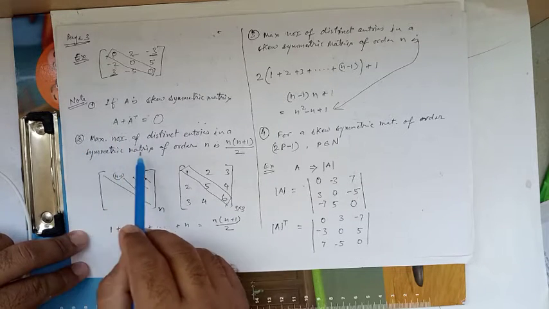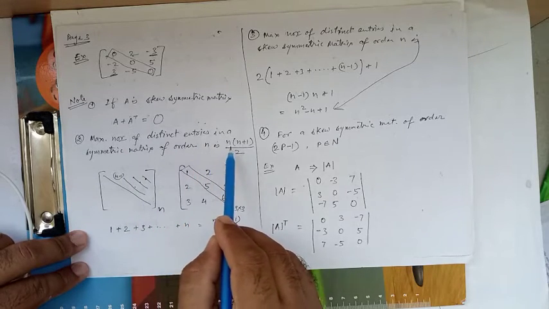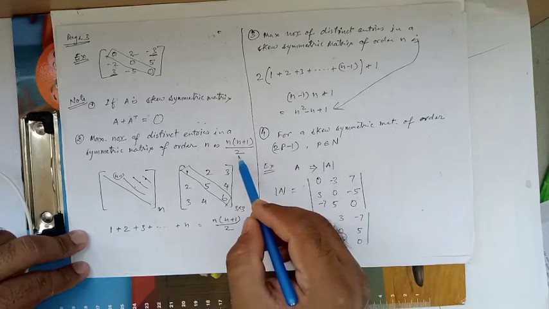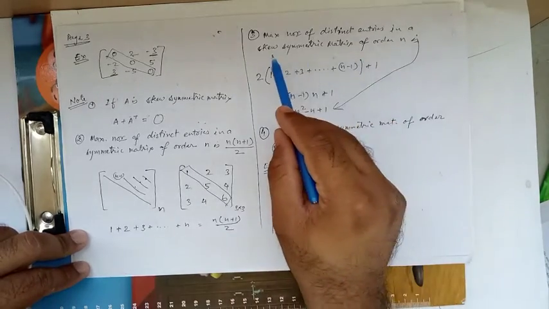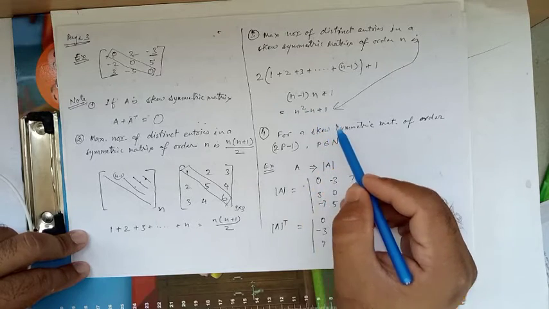Second point, the maximum number of distinct entries in a symmetric matrix of order n is n into n plus 1 by 2, and similarly in a skew symmetric matrix we are getting n square minus n plus 1.